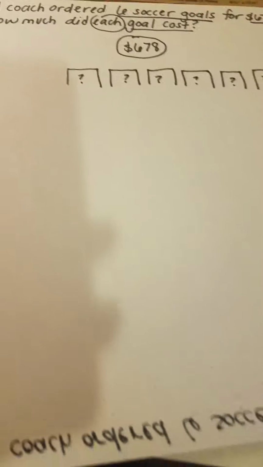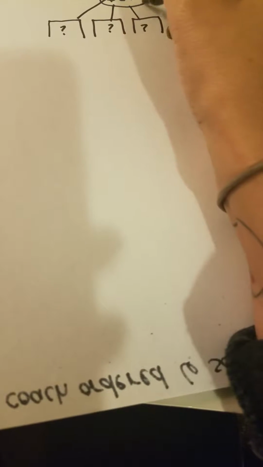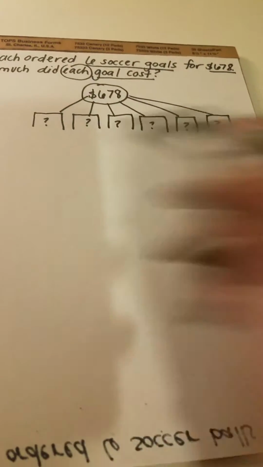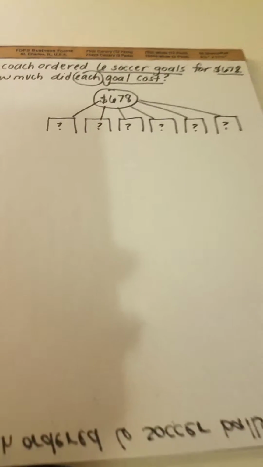Okay, and I do not know how much each goal cost because that is the question I'm trying to solve. But I do know that it was paid for with this money. Okay, so 6 goals for $678. How much did each goal cost?